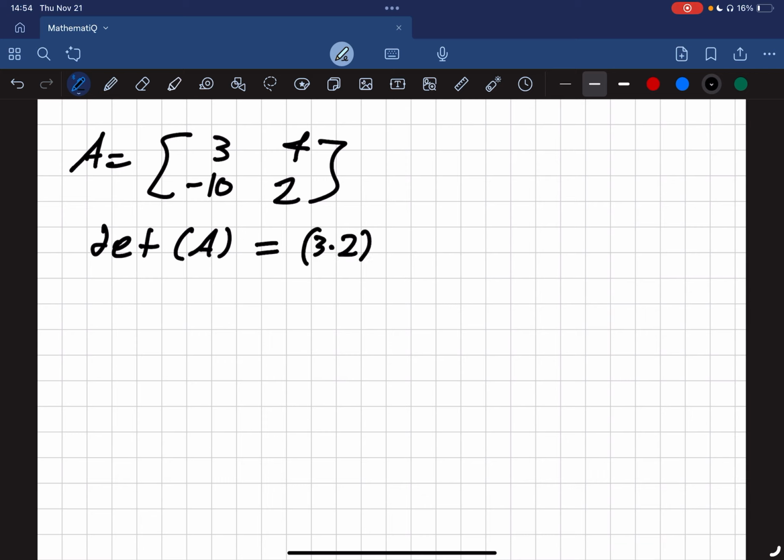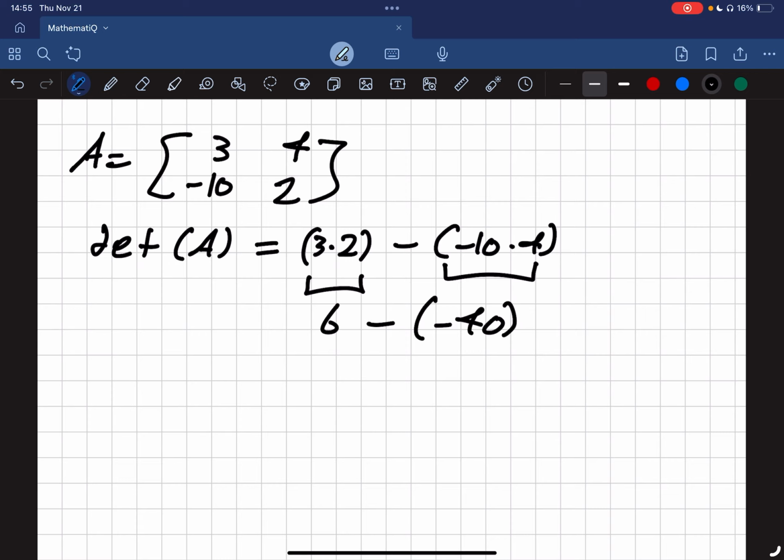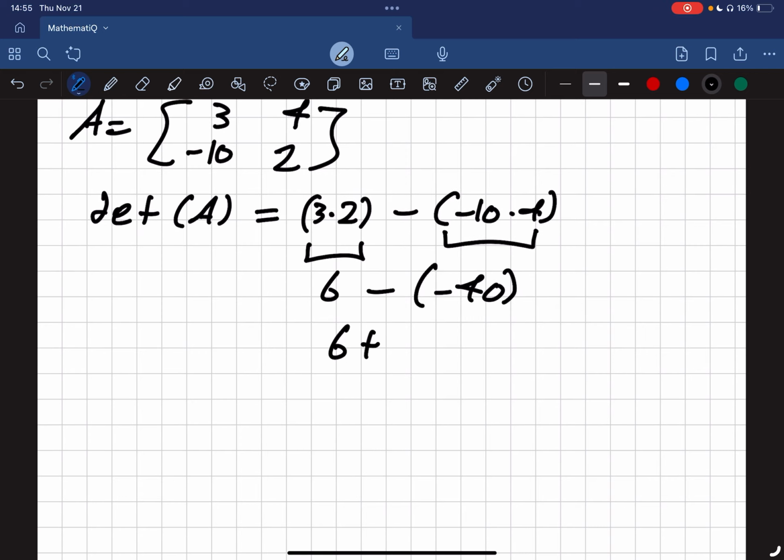You're multiplying this and this, and then subtracting by this and this. Subtracting by negative 10 times 4. So this is 6 minus, this is going to be negative 40. So 6 plus 40, because the two negatives make a positive.